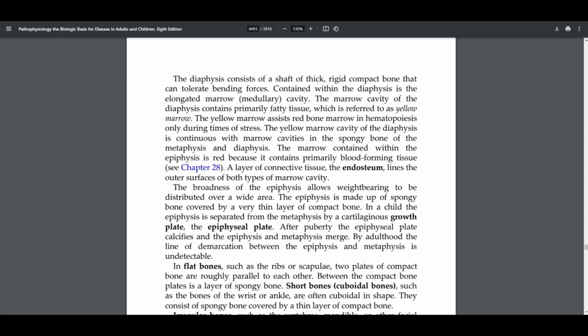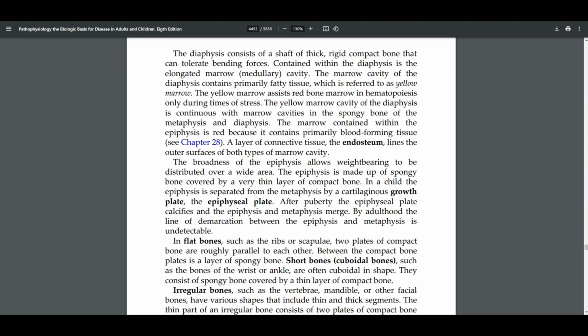Contained within the diaphysis is the elongated marrow cavity. The marrow cavity of the diaphysis contains primarily fatty tissue, which is referred to as yellow marrow. The yellow marrow assists red bone marrow in hematopoiesis only during times of stress.